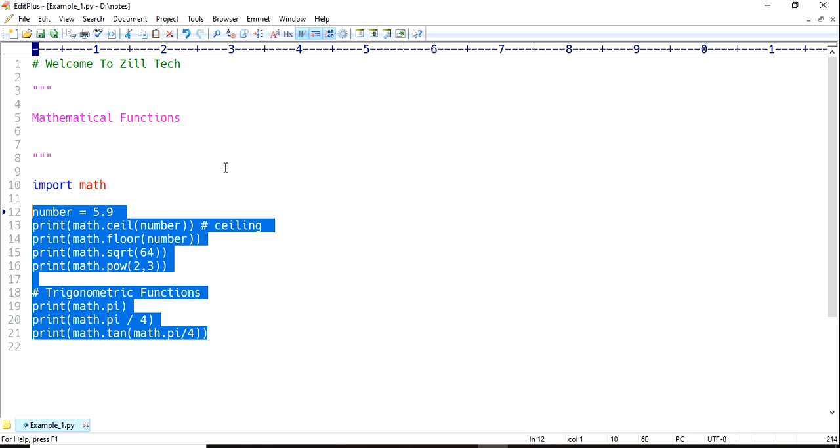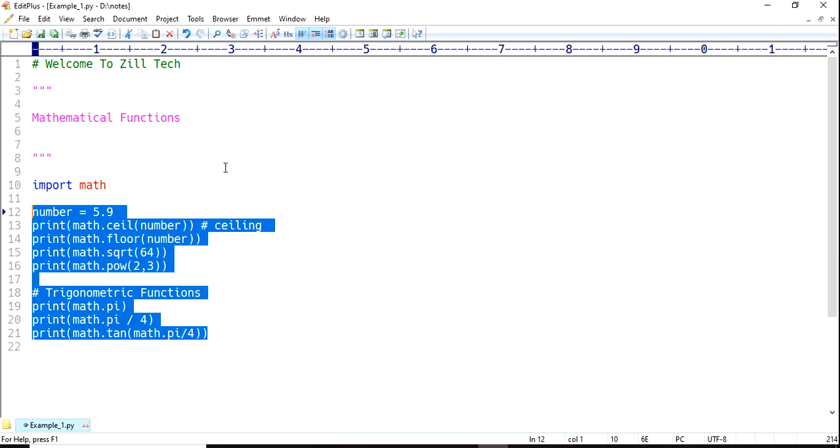For GPS and location tracking, we use radians and hypot functions. For advanced scientific calculations, you can go with math.log. For robotics rotations and distance, we use pi and atan2. These are the functions used in real time.